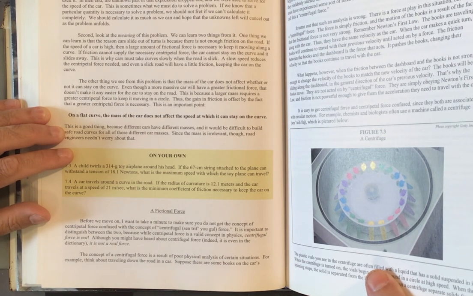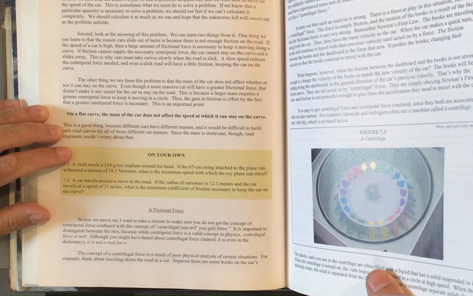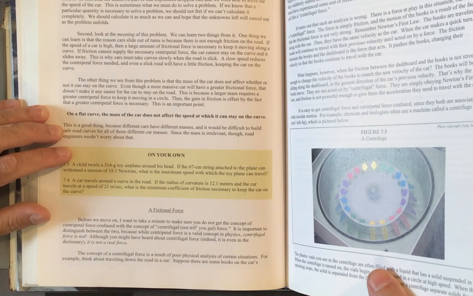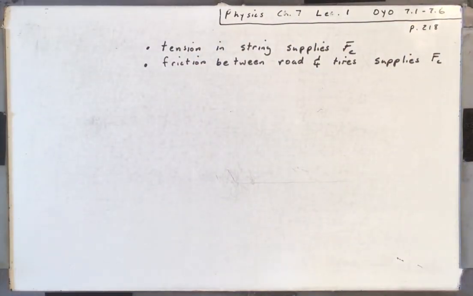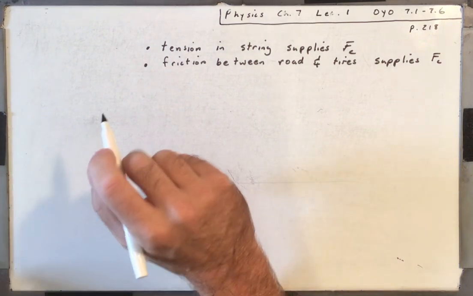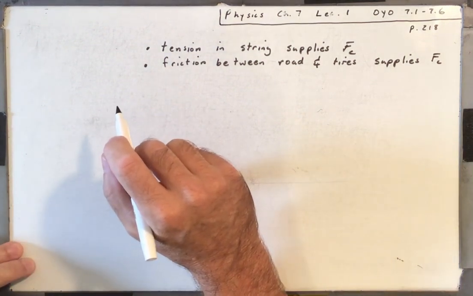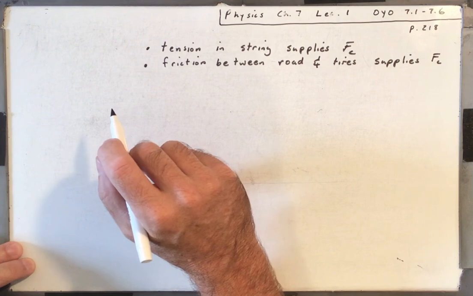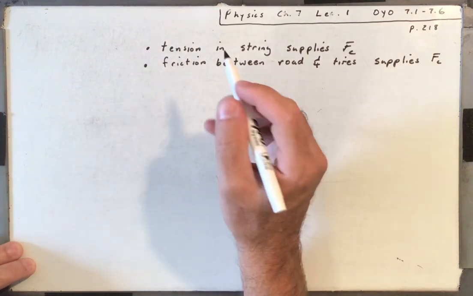If the 67 centimeter string attached to the plane can withstand a tension of 18.1 newtons, what's the maximum speed with which the toy plane can travel? We are going to have to make a couple of conversions here because we need mass to be in kilograms and we need the radius to be in meters.